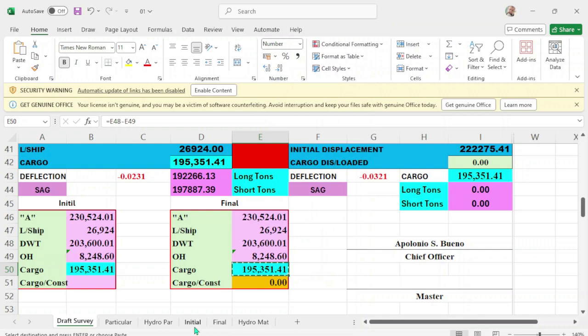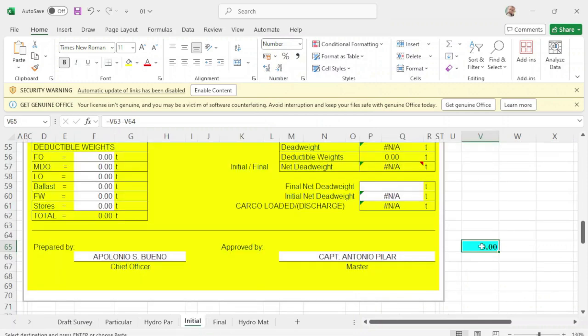Then go. Paste. Okay. 195,351.41. Okay. That is our cargo.